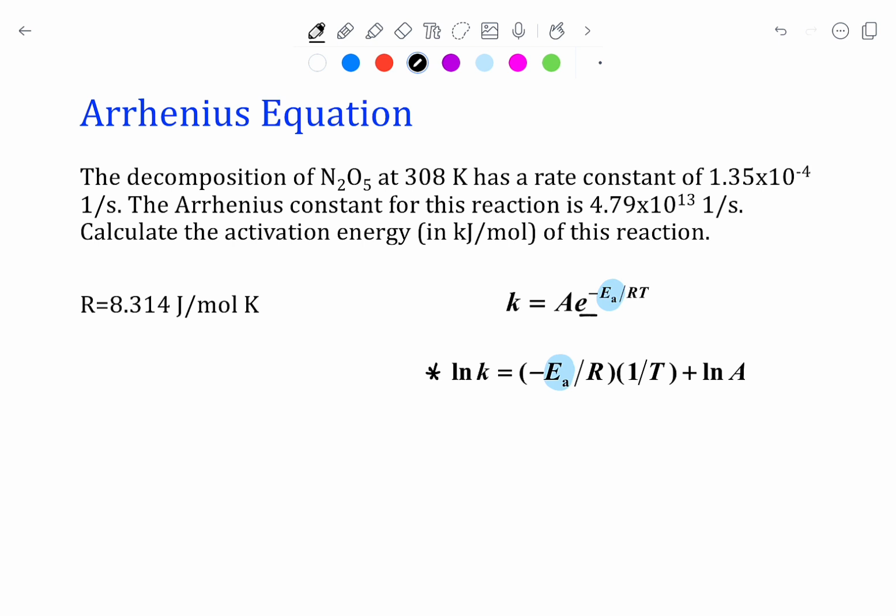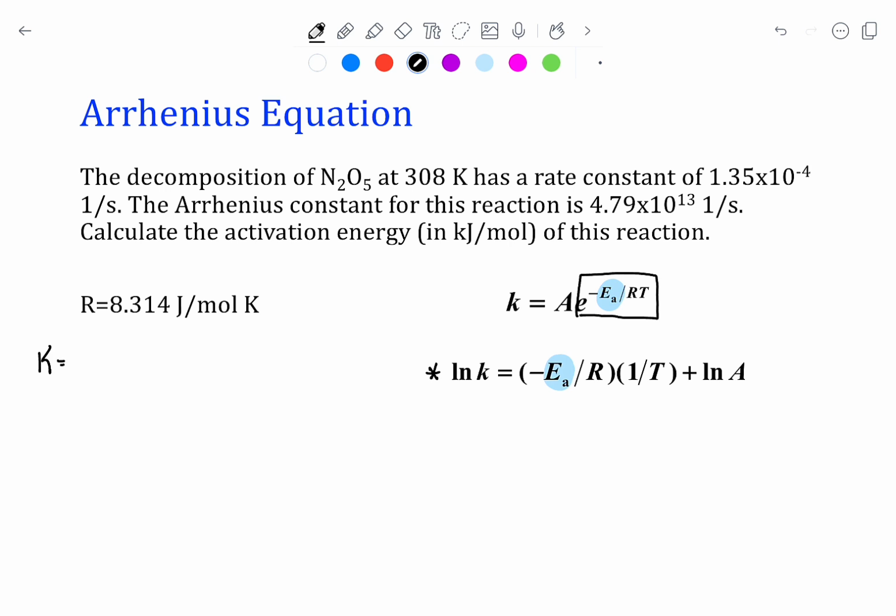If you easily understand natural logs and can use a natural log to cancel out that e, that's totally fine. But since we already have the equation where that e has been canceled out with natural logs, we might as well just use that one, for the ease of it and to ensure that we're not going to make any calculation errors.